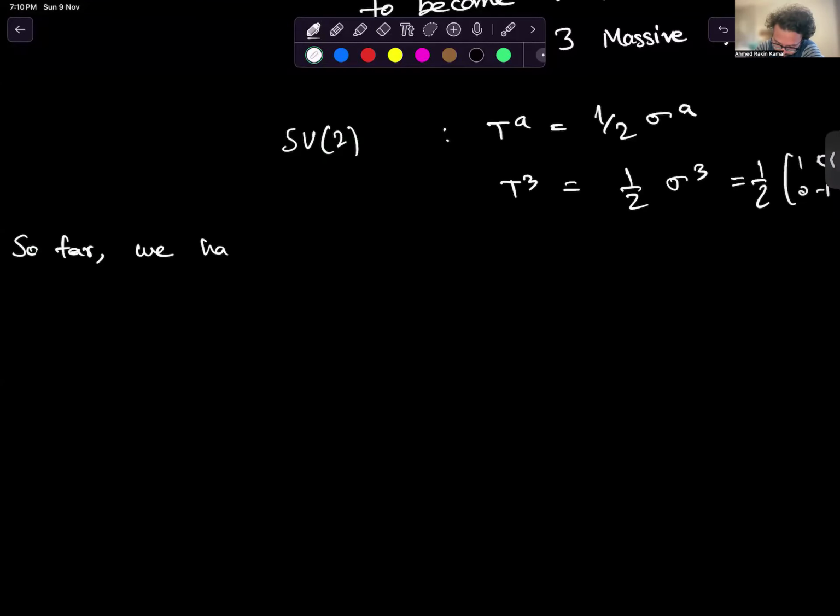have described the following two phases of gauge theories.